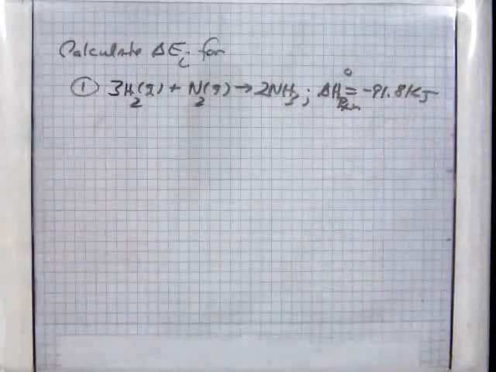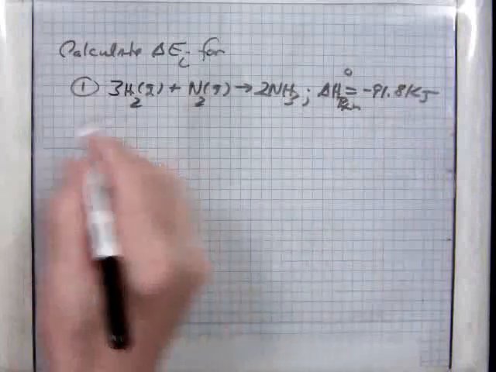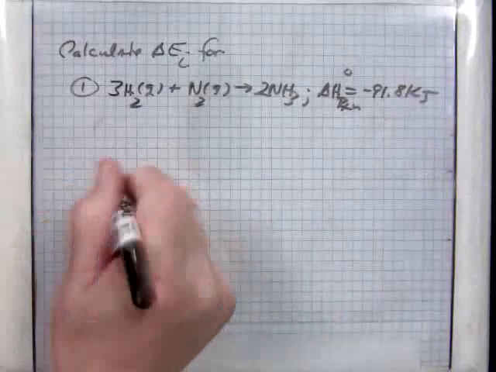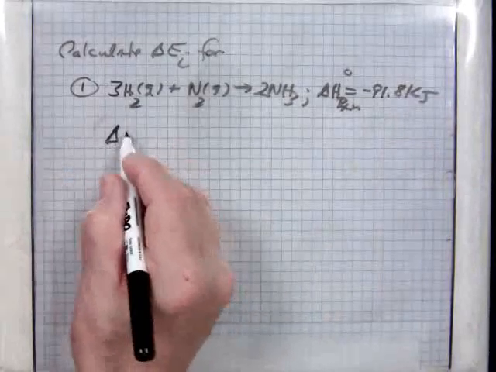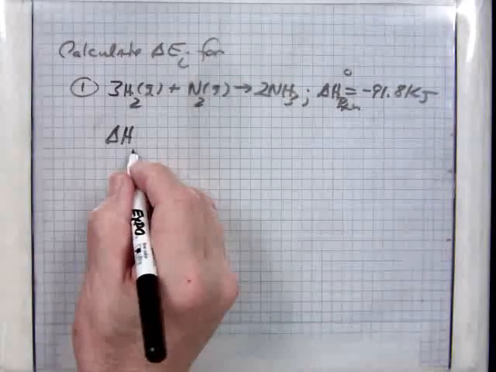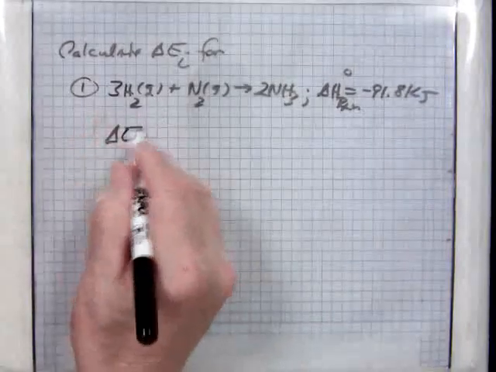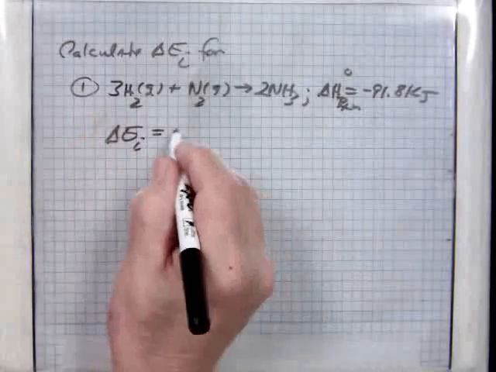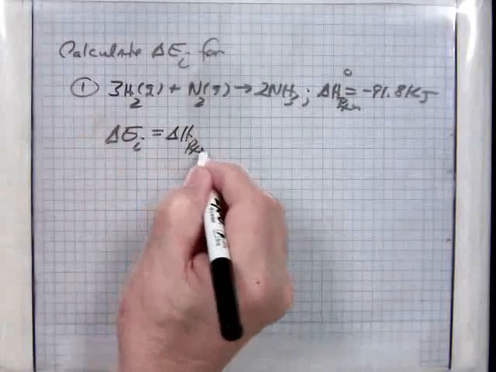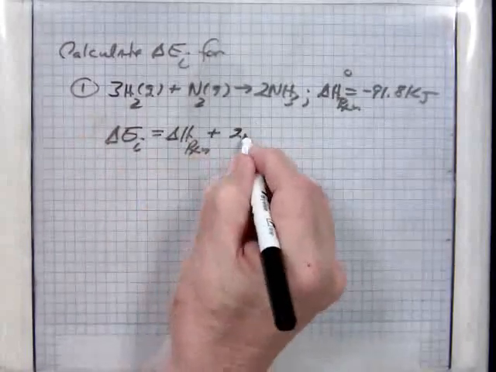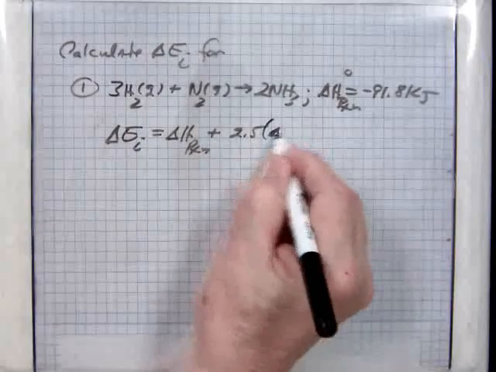We're going to calculate that. Now, the first law equation is delta E, internal energy, is delta H of reaction plus 2.5 delta V.